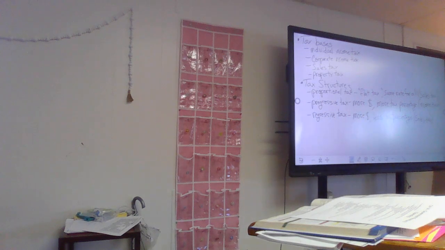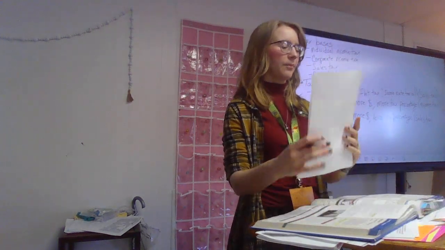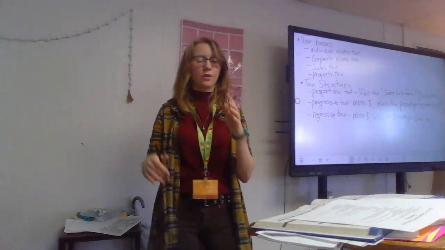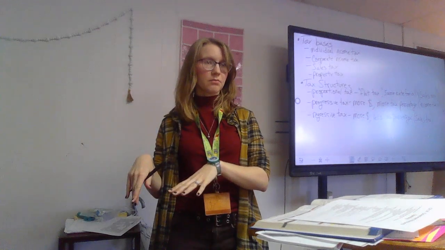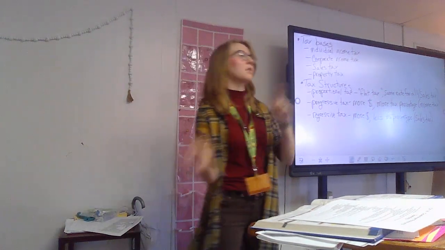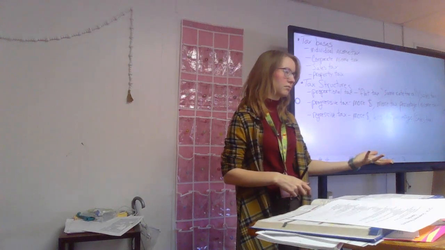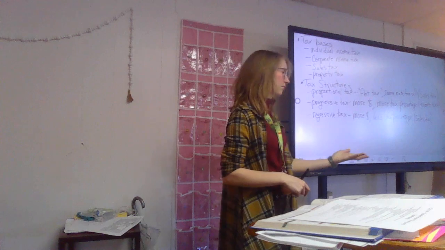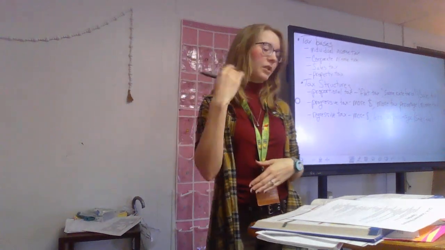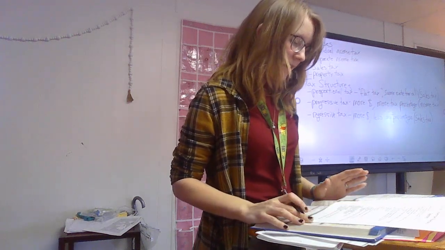So a $1 candy bar, or no, let's do something bigger. A $300 a month car payment for a poor person is a higher percentage of their income than a $300 car payment for a rich person, right? Make sense? That's regressive tax. When you have less money, it's a higher percentage of what you have. And that one's really weird to me.